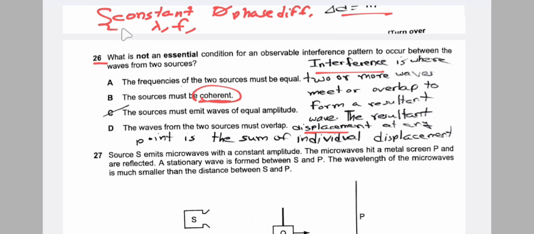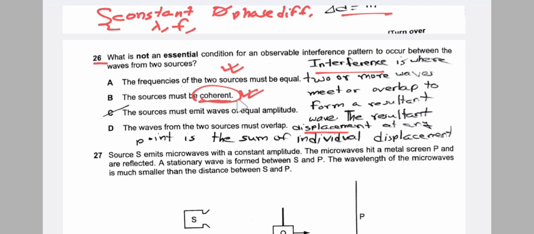You must remember that for waves to be coherent, these properties are needed. So the frequency of the two sources must be equal. Yes, this is important for coherence, and so it is important for interference.